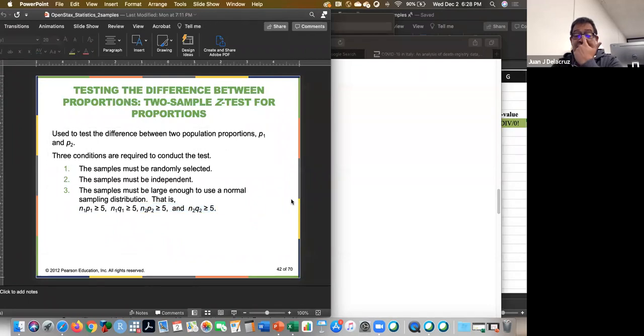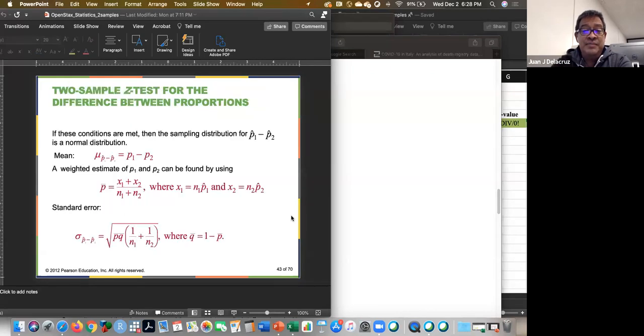But when we have a small sample, we have to test all these values: the sample size times the probability of success, the population proportion, and this is the probability of failure in the population. If those numbers yield values greater than 5, we don't have any problem, so we continue with our analysis.